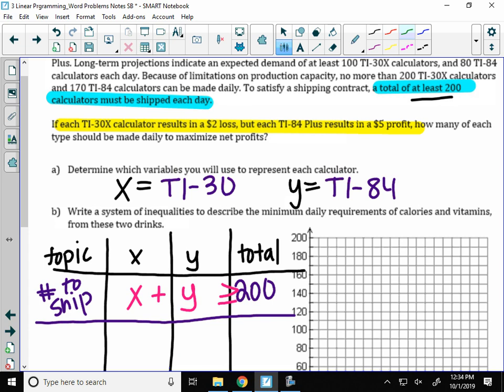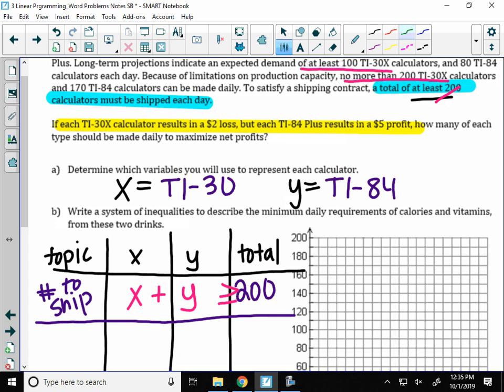The second one here is a little bit different. Do you see any other total number? No. What do you notice though? So let's talk about the TI-30s. We have to make at least 100 TI-30s, but no more than 200. Right, so those kind of go together, right?